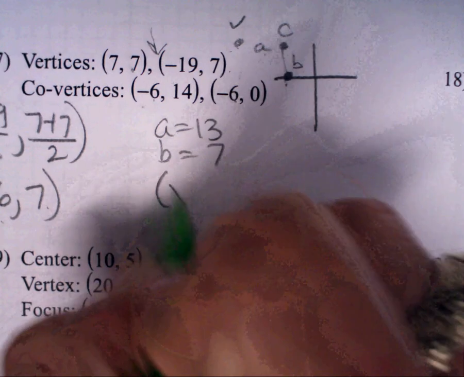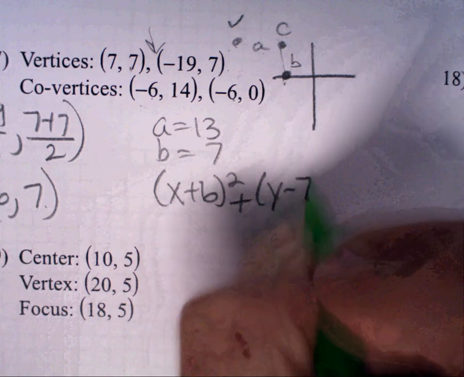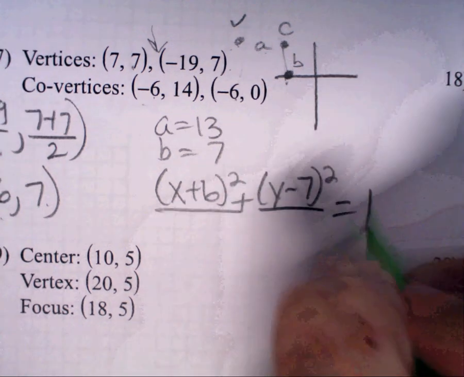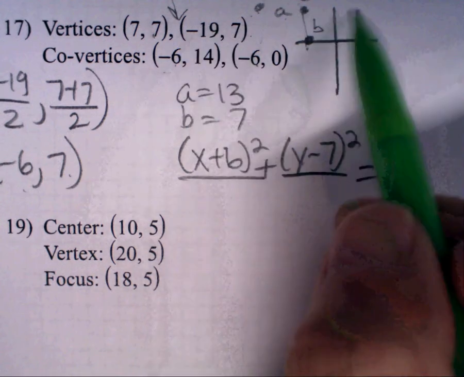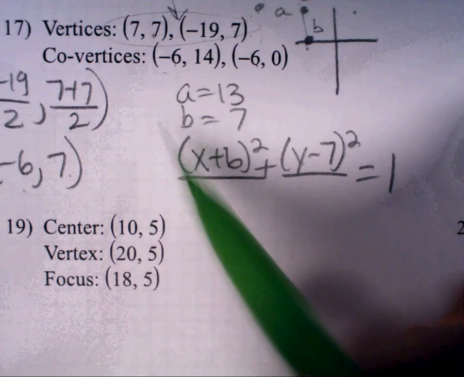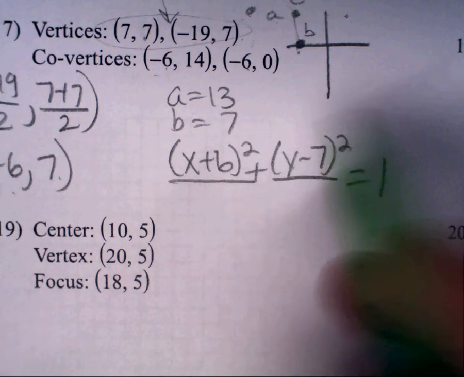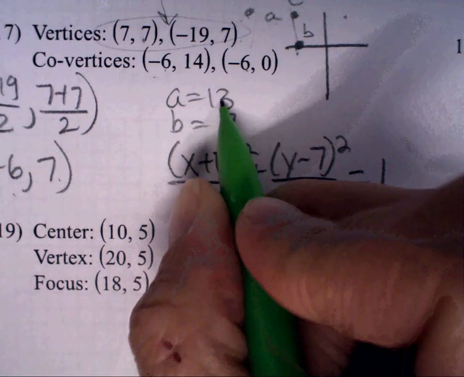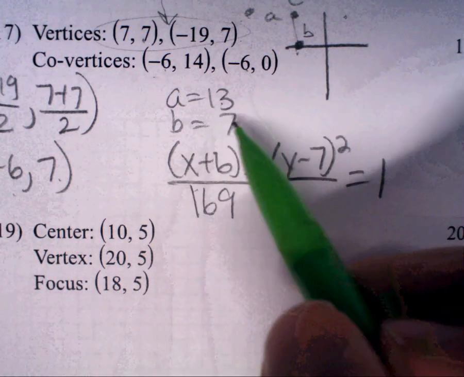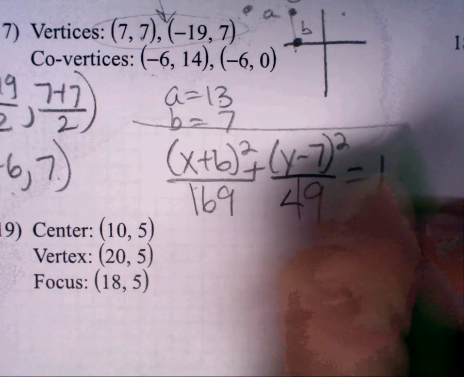Now I have enough: (x plus 6) squared over blank plus (y minus 7) squared over blank equals 1. According to my vertices, they're on the same y line, meaning it's wider across. So a squared is 169, because that's 13 squared, and then b squared is 49.